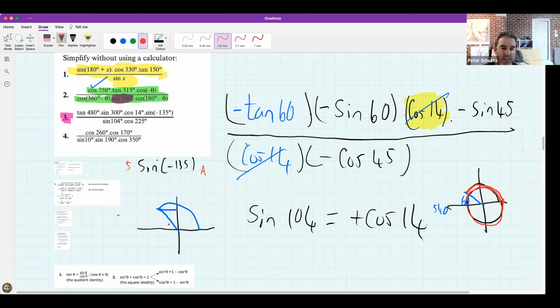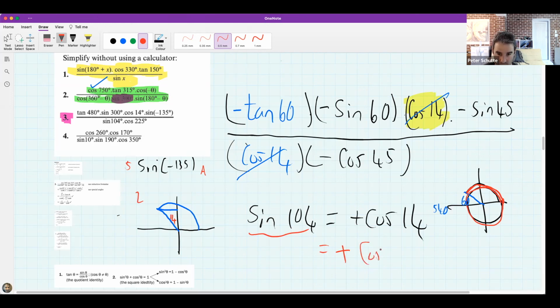Now, if you ask yourself, the sine of 104, can you see that this triangle is going to be 14, and that sine is positive in quadrant number 2? So sine of 104 is positive because it's in quadrant 2. When you use a co-ratio, you ask, what's the co-ratio of sine?